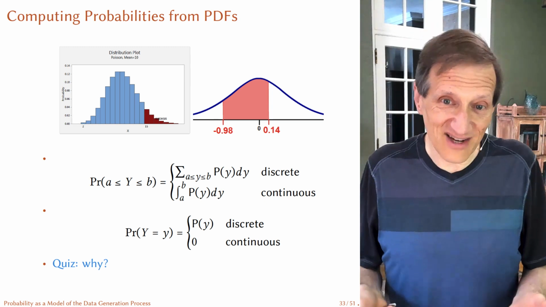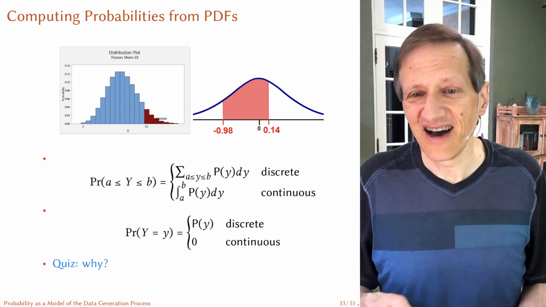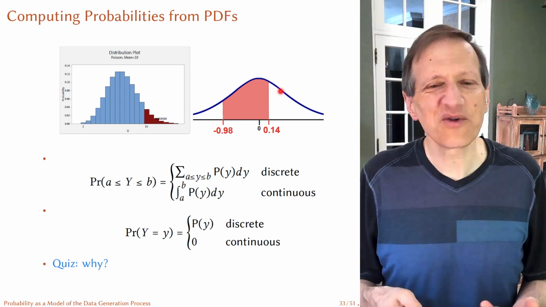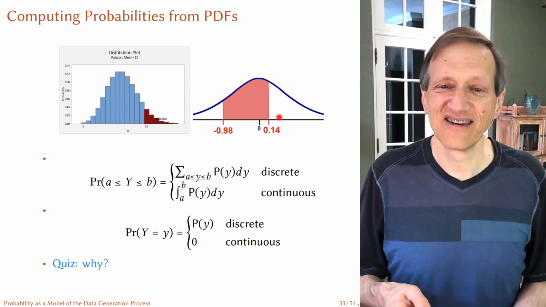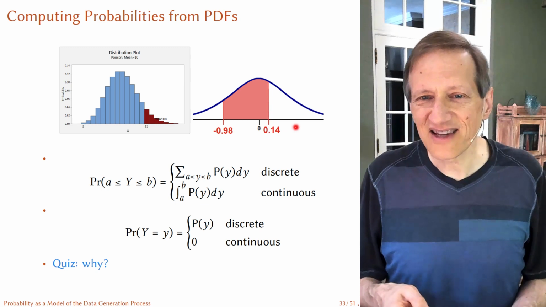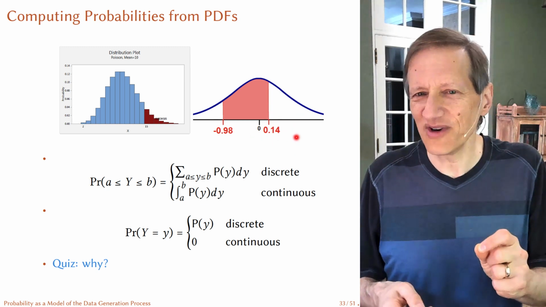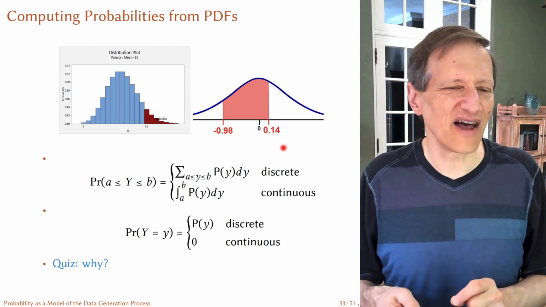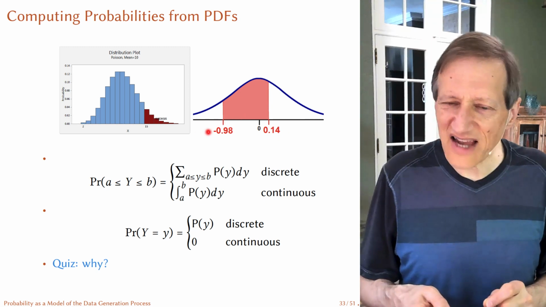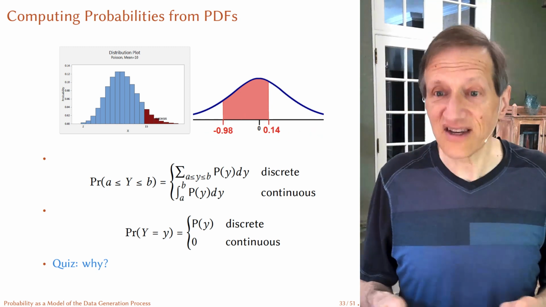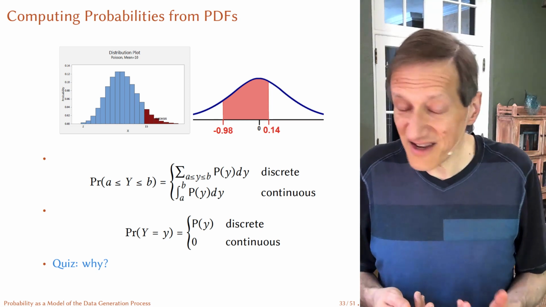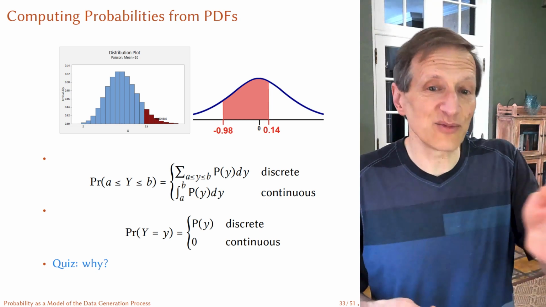Well, the reason you can't do it is because, what would the probability be that you would assign? If you assign some teeny itsy bitsy value to this exact value, how many exact values are there? Well, it's a continuous variable, so there's an infinite number of values.